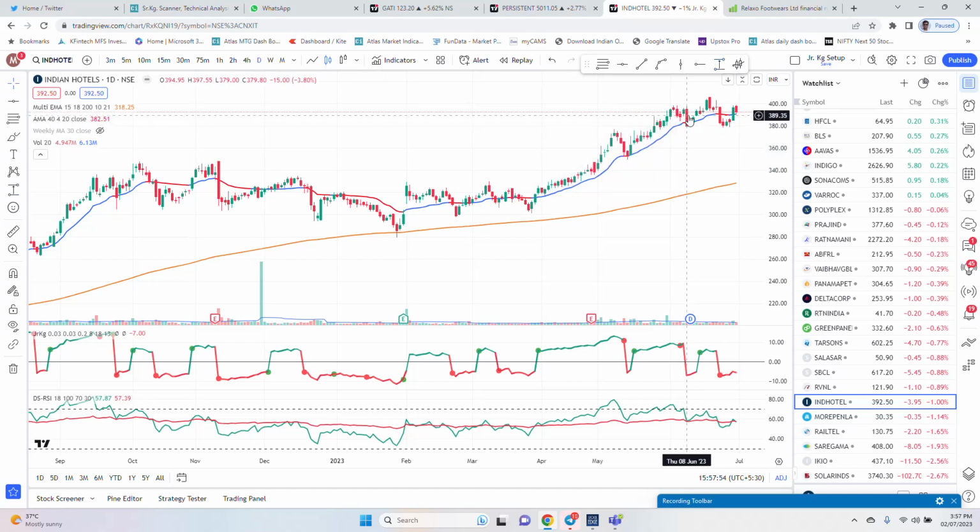At 20%, you see this very strong red candle closed decisively below the AMA line. You exit here at a 20% gain, and after that the stock is just in a consolidation. So these are very clear entry and exit signals you need to follow.